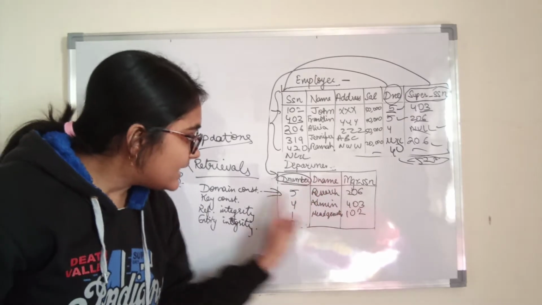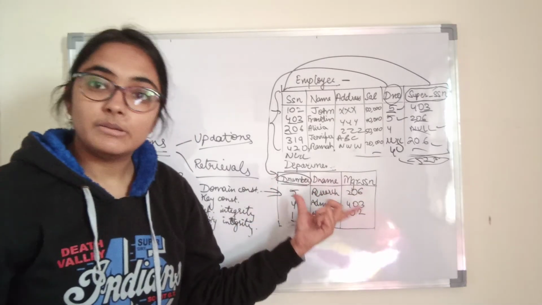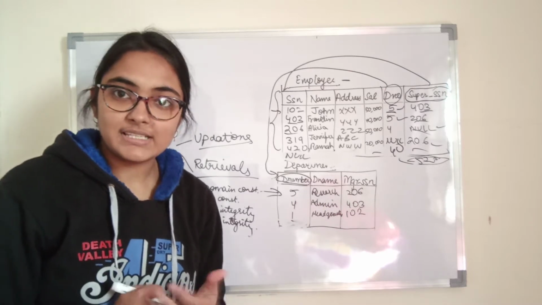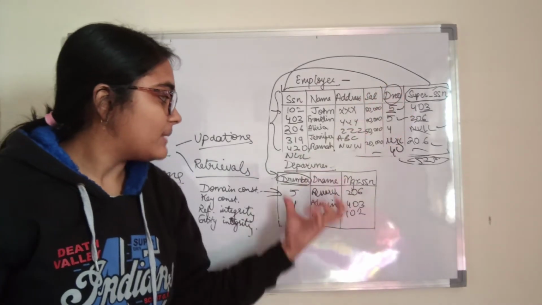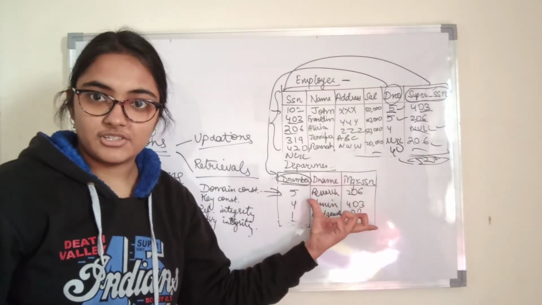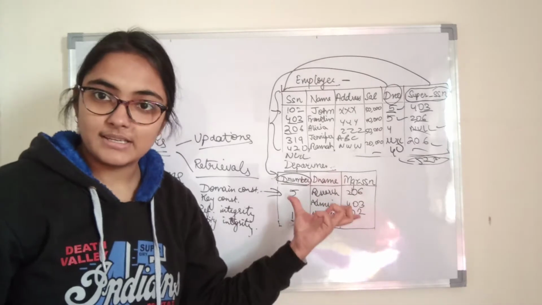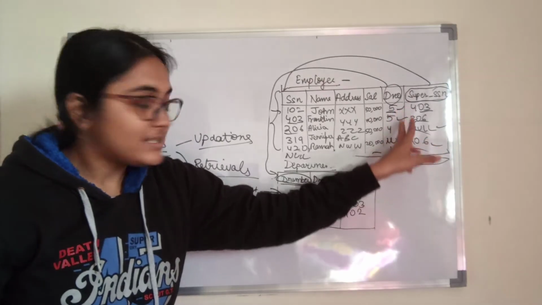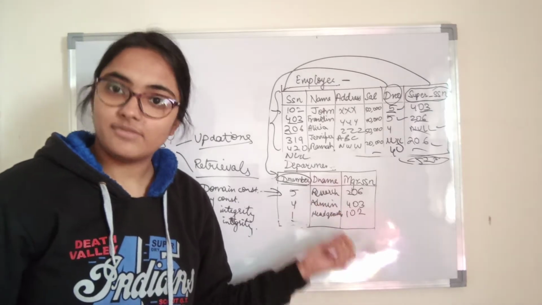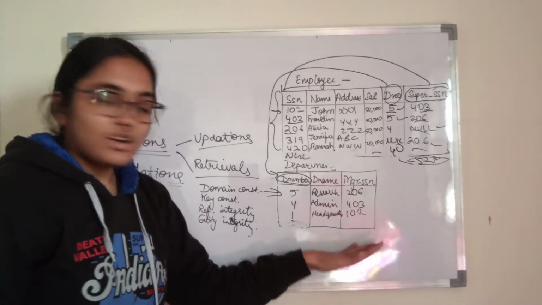So in case I delete it, referential integrity constraint will be violated. Why? Because what referential integrity constraint states is that if a tuple is referring to some other relation, then it should refer to an existing tuple in that relation. In case this tuple does not exist, then it is not referring to an existing tuple in this relation, and referential integrity constraint is violated, right? And it is logical as well, okay?